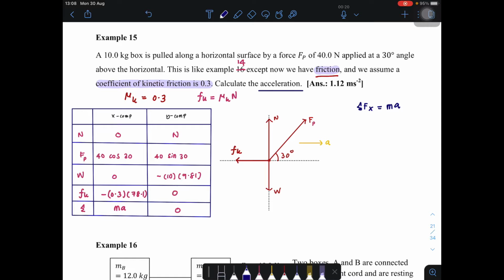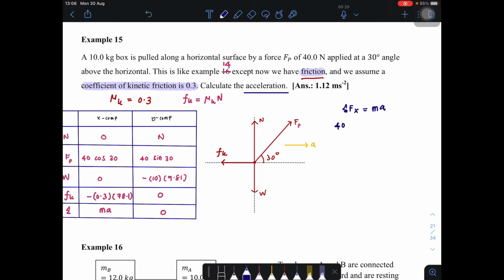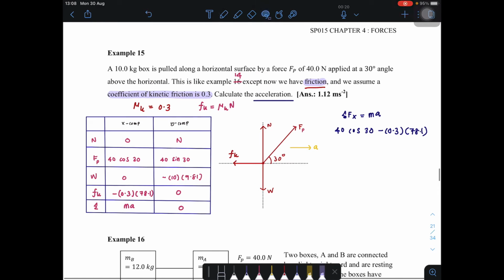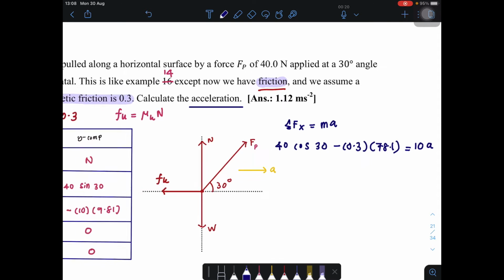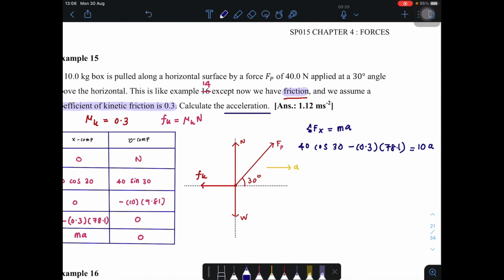So it will be 40 cos 30 minus 0.3 times 78.1, equal to ma, where m is 10, so 10a. It is the same thing except that now we have the friction force here. So a will be equal to 1.12 meter per second squared.